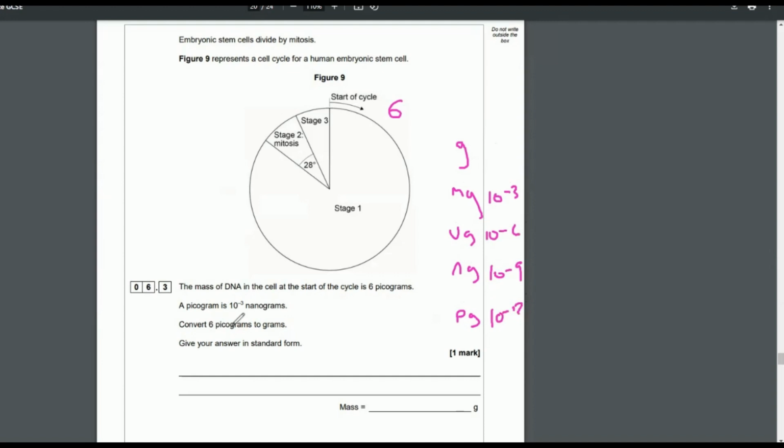So if I want to convert 6 picograms to grams, I need to times by 1,000 to get them into nanograms, times by 1,000 to get them into micrograms, times by 1,000 to get them into milligrams, and times by 1,000 to get them into grams. No, sorry, we want to divide by 1,000 on the way up.